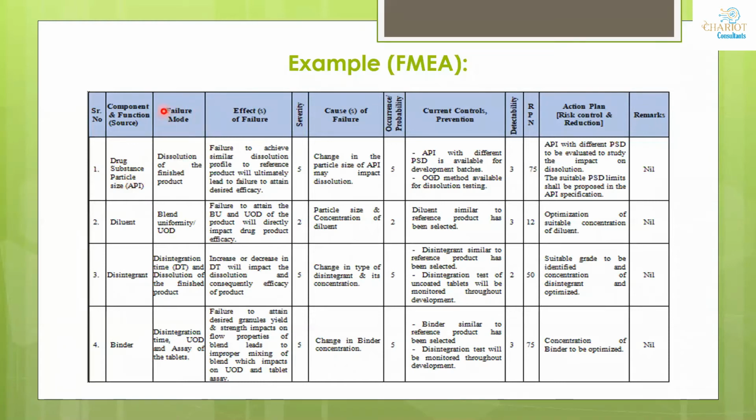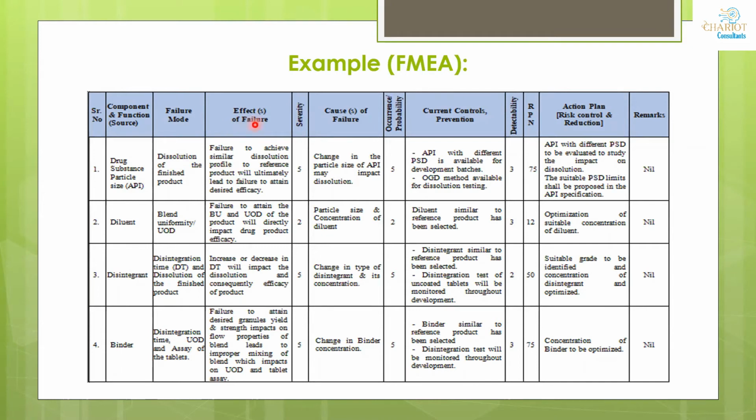The failure mode, what can be my failure mode? If I don't have a particular particle size of my drug substance, what will be the failure? The worst failure will be the dissolution of the finished product. I will not be able to achieve my dissolution. Whichever failure I am talking about, that is dissolution. For particle size, I will see the dissolution.